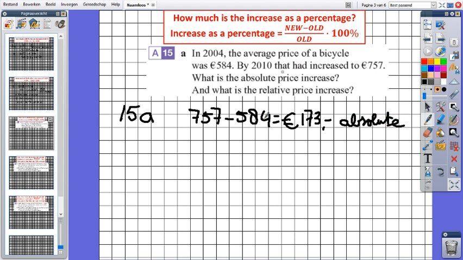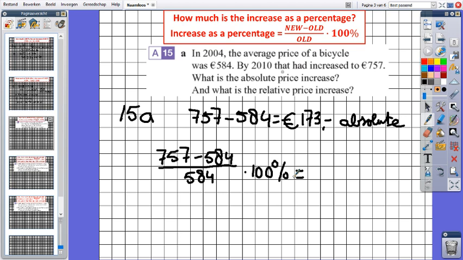However, if we want to know the relative price increase, we're going to use new minus old divided by old times 100%. So new is 757 minus 584, divide that by 584 times 100%. And of course you may use your calculator for this.